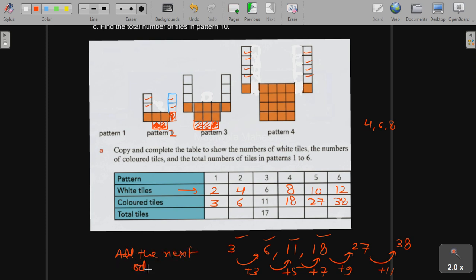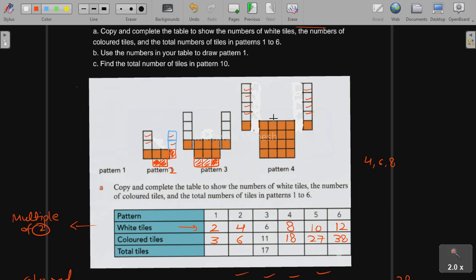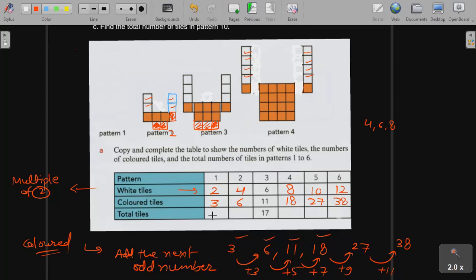Okay. So this is our table, and total tiles are 2 plus 3, 5, 10, 17, 26, 37, and 50.